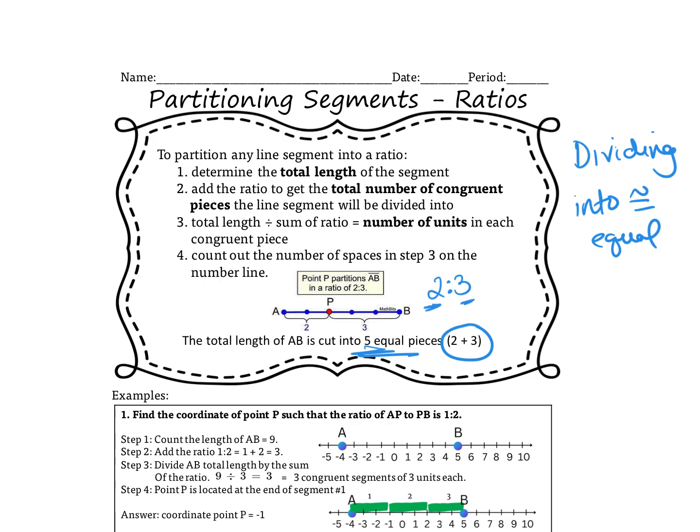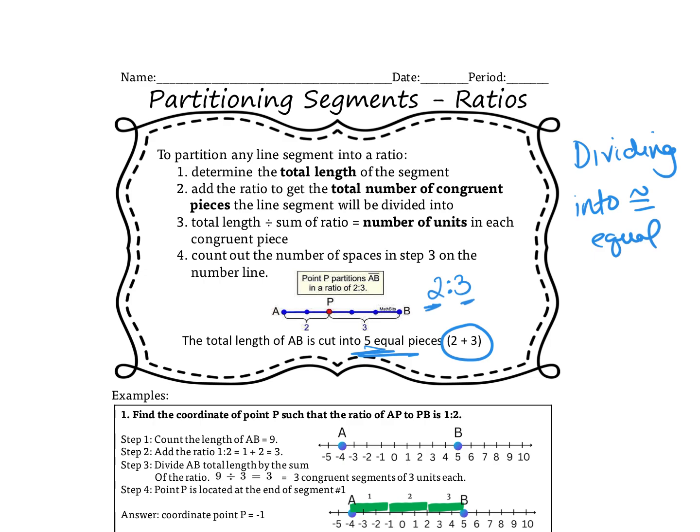So we can determine how many congruent pieces we're partitioning this segment into by adding the ratio itself. So 2 parts to one side, 3 parts to the other gives me a total of 5 equal parts.